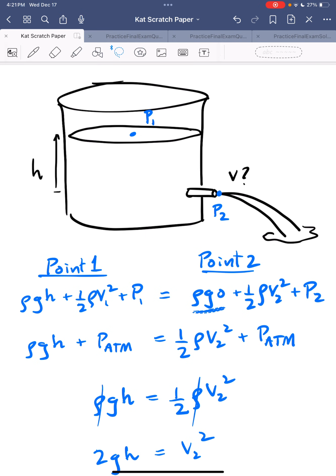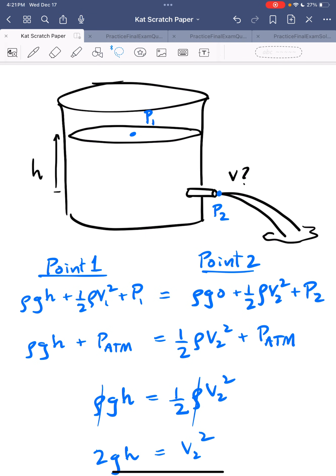If we're measuring the height of point 1 with respect to point 2, we'll call point 1 at height h, and we'll call this one at 0. So that term goes to 0. The velocity at point 1 is 0, so this term drops out. So 1/2 rho v1 squared, it's not really moving, it's just sitting there stationary. You can imagine putting a little feather on the top of the fluid and it's barely moving at all. So velocity is approximately 0.